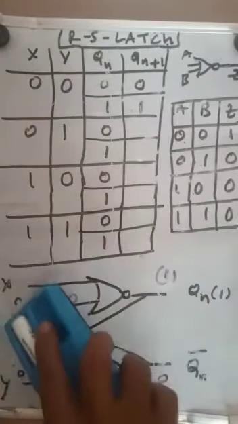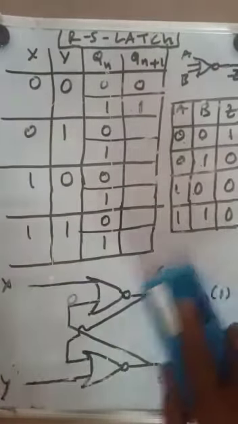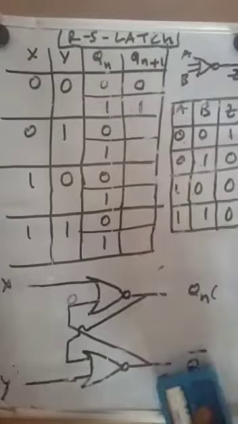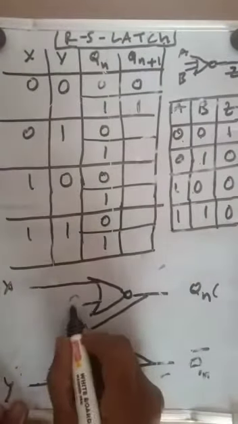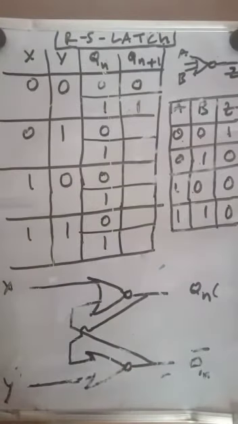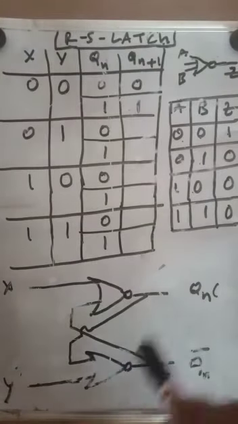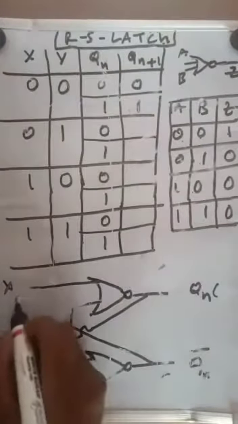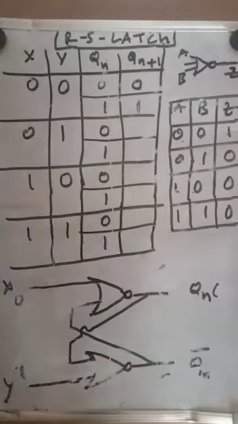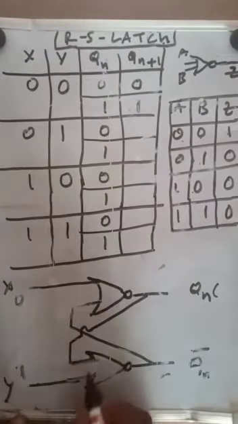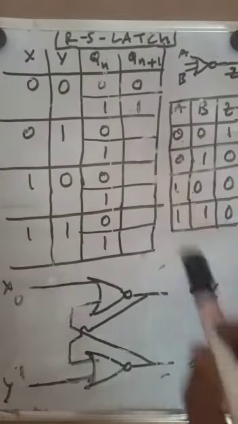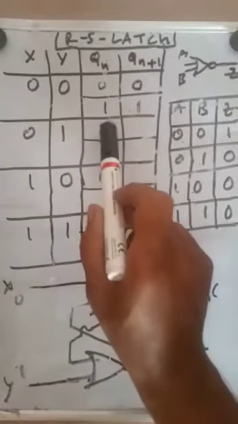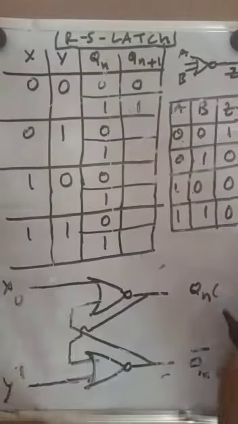Next, coming to this, the next state, 0, 1 are the inputs. This is 0 and this is 1. So let us check what should be the case here. Initially, the present state output is equal to 0, let us assume that.